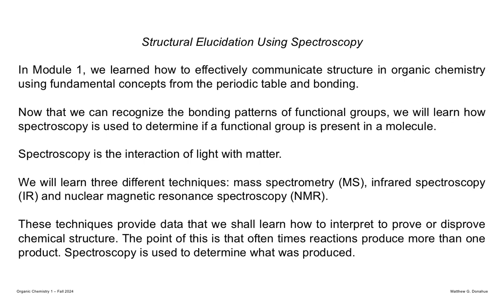And all of that relates back to the periodic table, how we count electrons and fill atomic orbitals. And through the bonding patterns, we realize that molecules can have different functional groups, and that's a specific set of elements with a defined bonding pattern. So spectroscopy, as I said, is the interaction of light with matter, and what we're going to learn is how those techniques tell us about the functional groups present.